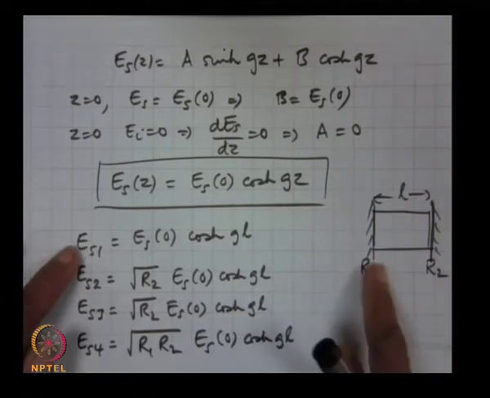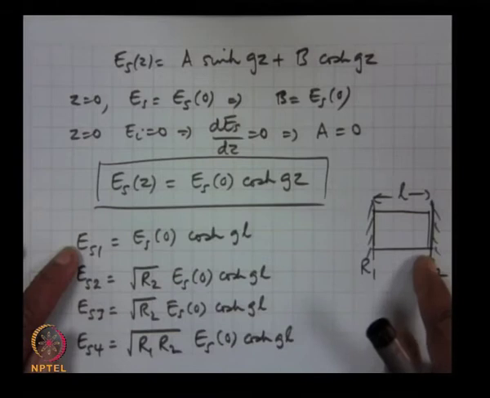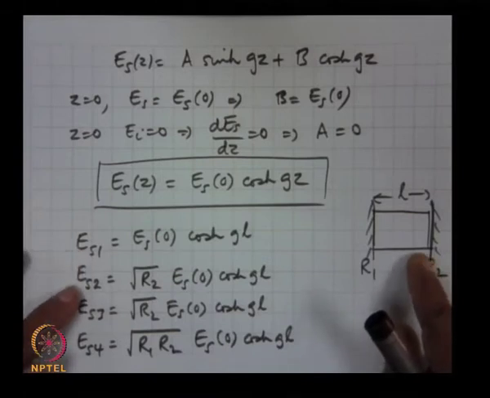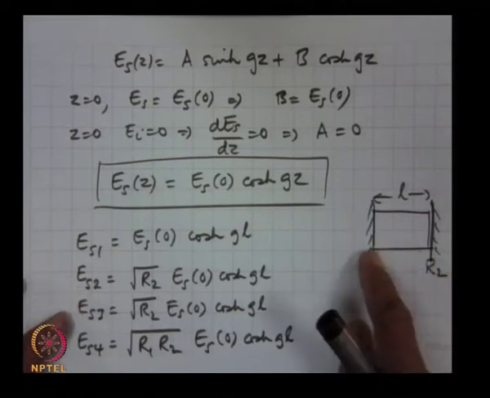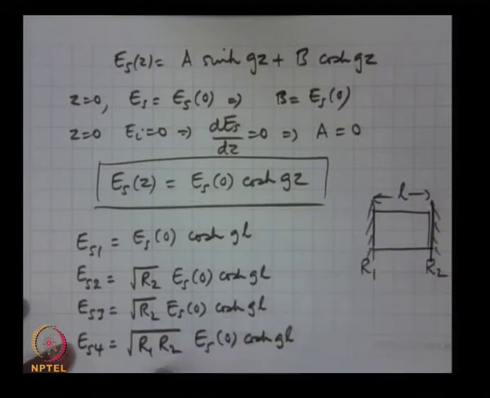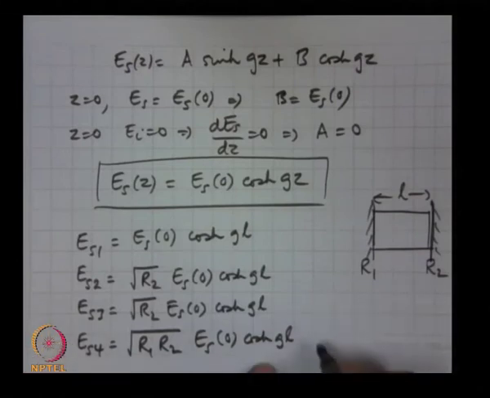The field starts from here, gets amplified in reaching here, gets reflected by a factor root of R2, then it doesn't get amplified, it just propagates as such, then it gets reflected by the mirror M1 with amplitude reflectivity square root of R1, and that's the field after one round trip. And this must be equal to E0.